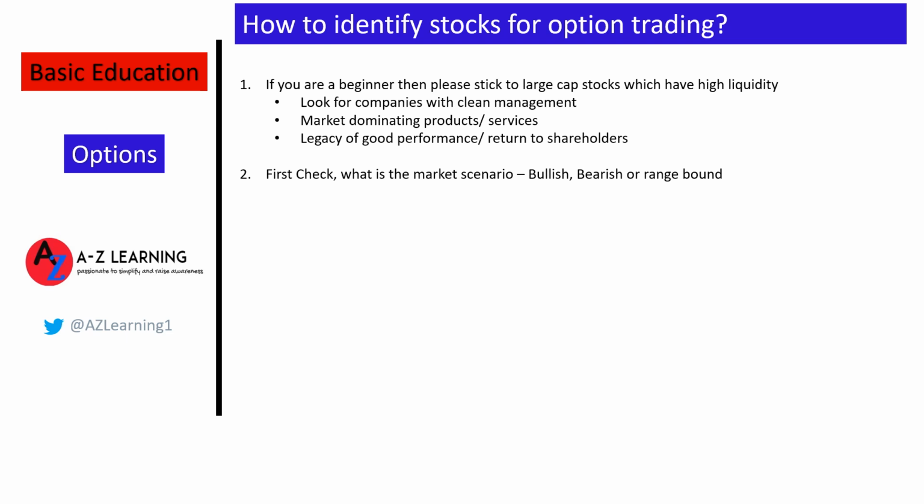So that's an important check to establish, because that will give you the appetite in terms of how far you want to be going with your option trading, because a bullish market will have scenarios where you would fundamentally assume that stock prices will continue to go up.